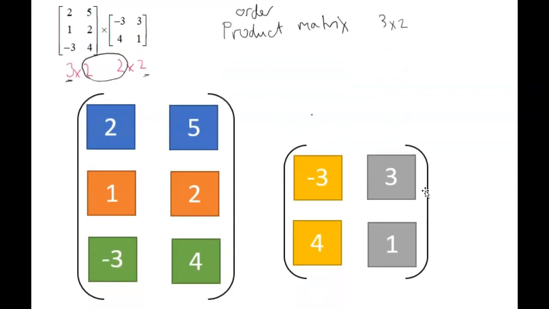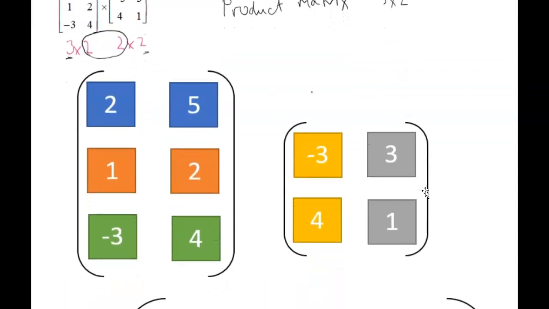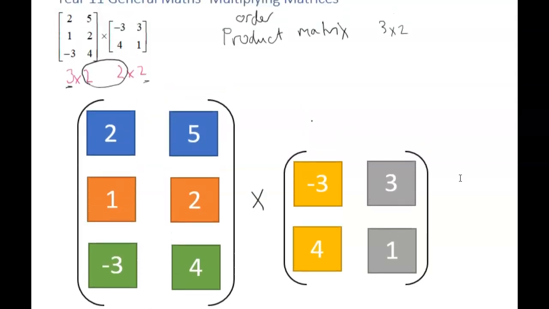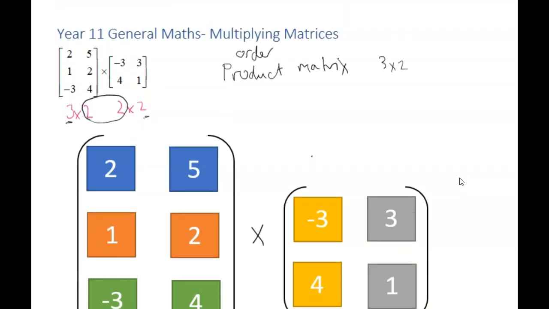Now, to make things easier, I have used color to help show you how you do your multiplication. Okay, so this first matrix here is going to be multiplied by this second matrix, and I'm going to put in a multiplication sign. Now, as I said before, the order of your product here is 3 by 2.